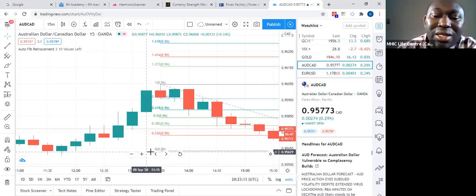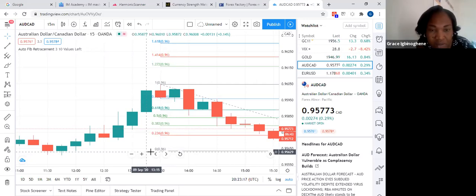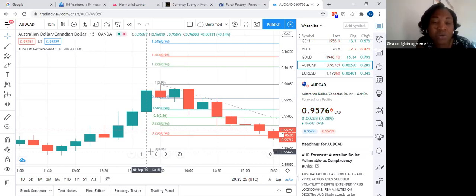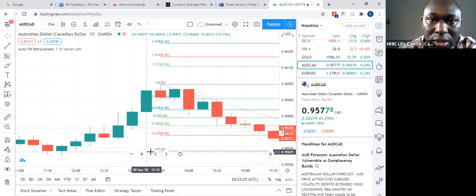Is this the same thing with every currency pair? Oh, yes. Every currency pair, if I look at my chart and I go to auto fib retracement, I will see 0 down there.